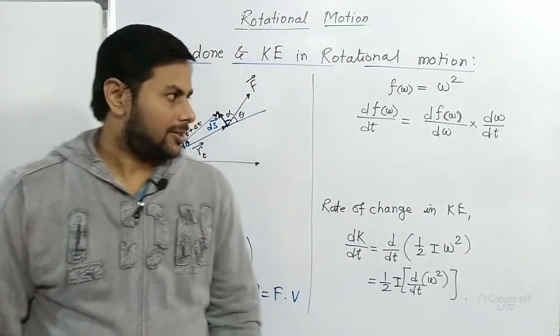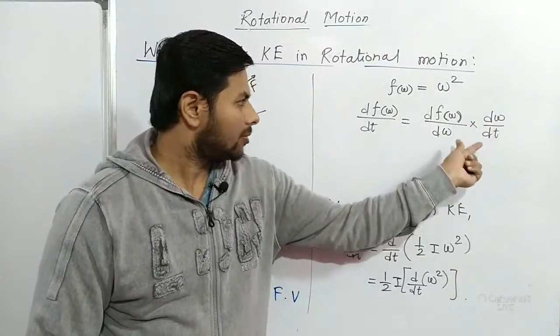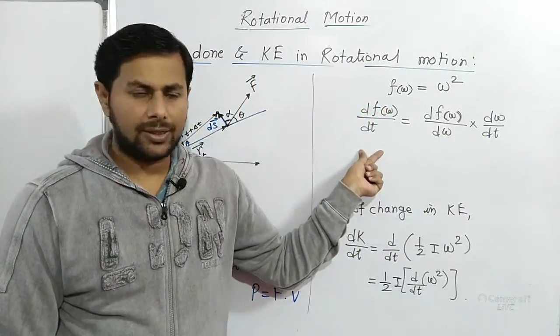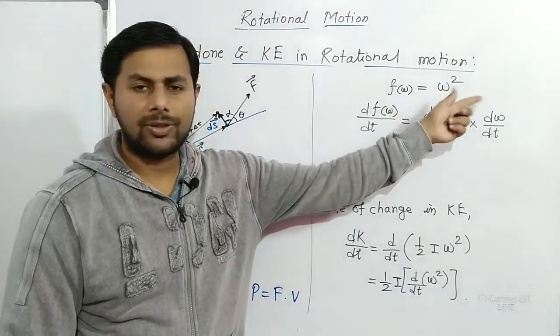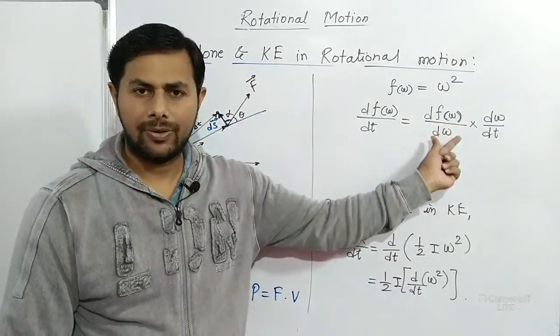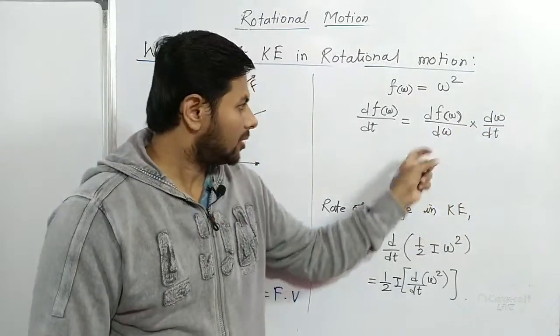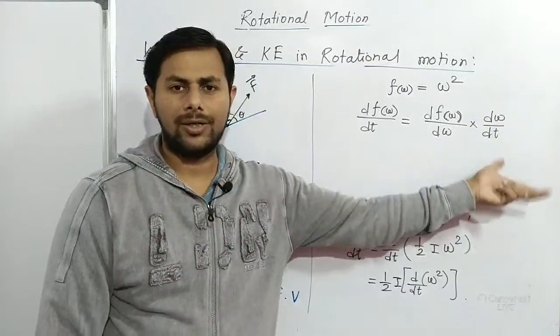We are just multiplying and dividing by d omega. So df by dt is df by d omega multiplied by d omega by dt.